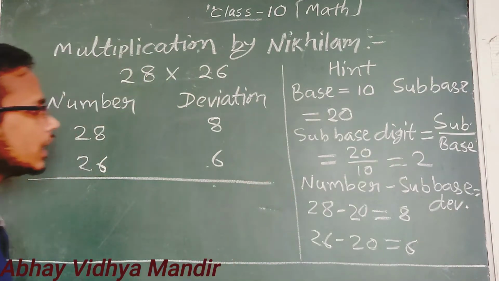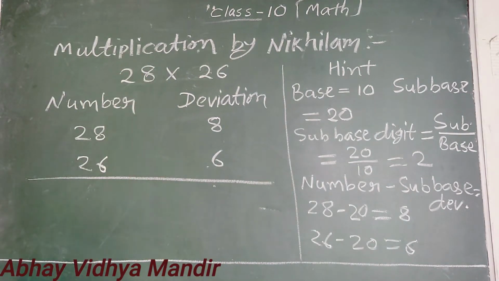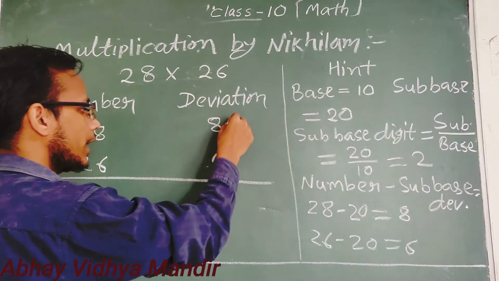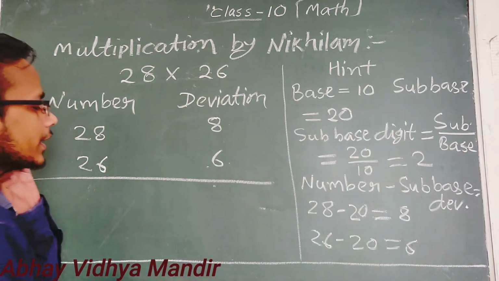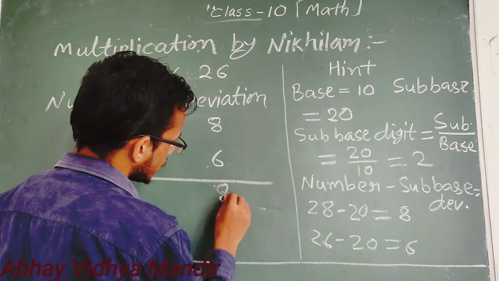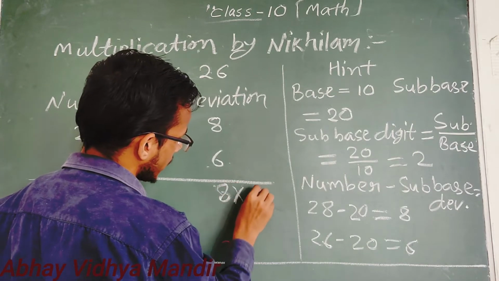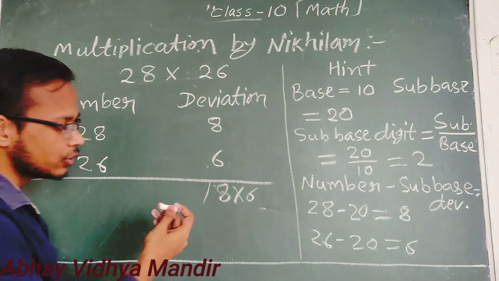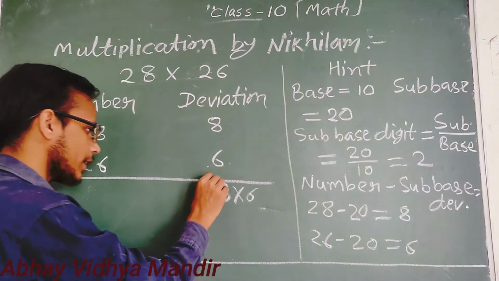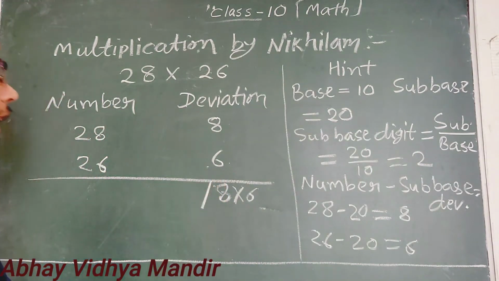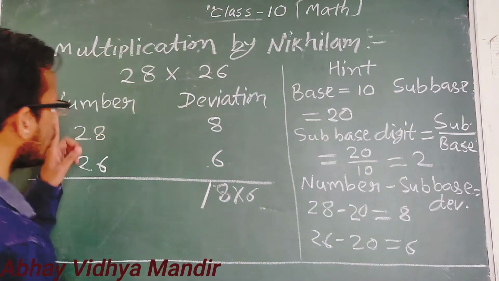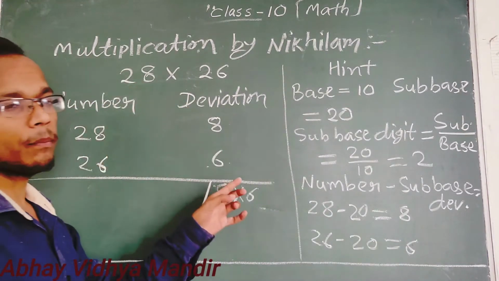Okay, let's see. First we multiply these 8 and 6, multiply to each other. Then we have to make an oblique. Now 28 plus 6. Always add the opposite numbers.